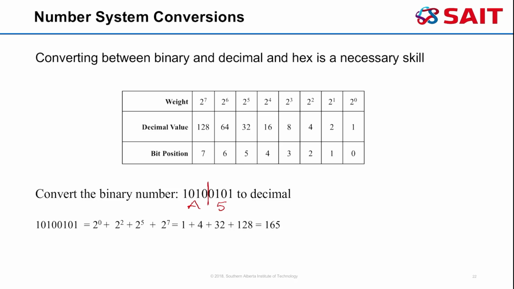So as far as a binary number being converted to decimal, it has all to do with the weighting of each one of these bits, right? So if you were to look at, say, this bit right here, this bit is in the 4th position, which corresponds to 1, 2, 3, 4. And so that means that bit corresponds to the 2 to the 3rd location, or the decimal value of 8.